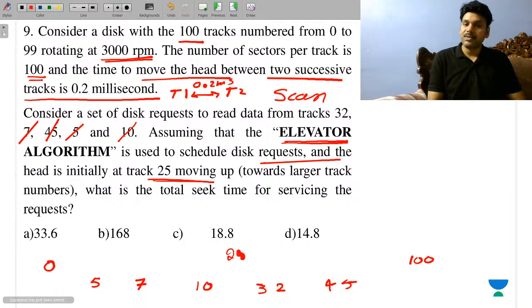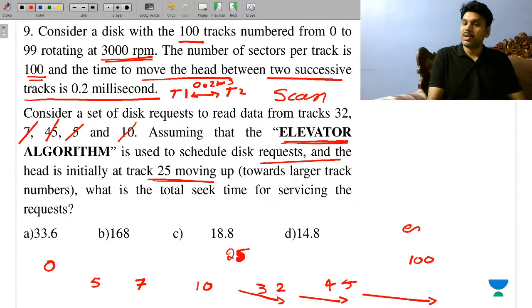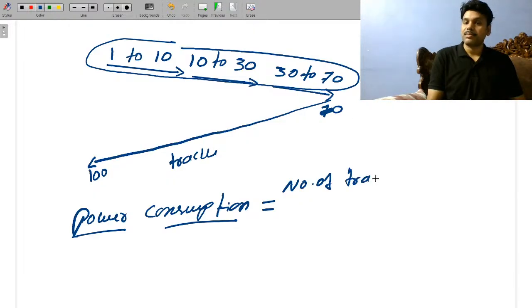So we take 25, and it is moving to the larger track. So it satisfies, and it goes to the end of the disk also, because we are moving to the other side, but we are not going to touch the starting point. Therefore, after satisfying that, it comes back and serves in the forward direction.